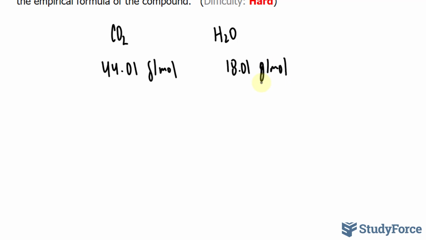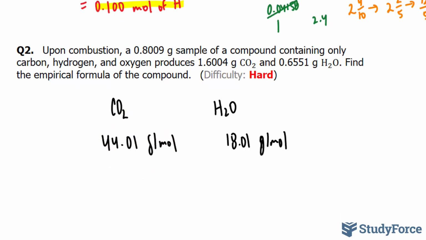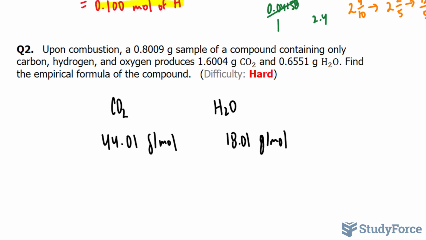The next thing that I want to do is find out the amount of moles of carbon and hydrogen given their masses. So I'll take 1.6004 grams and multiply it by the reciprocal version of this number. Reciprocal means flipped, and here's what I mean by that.